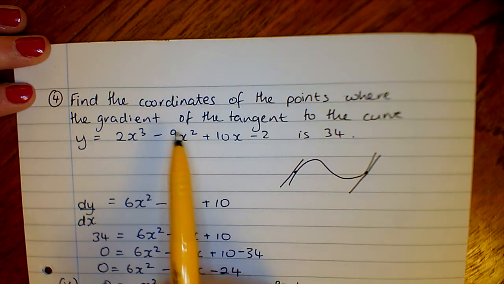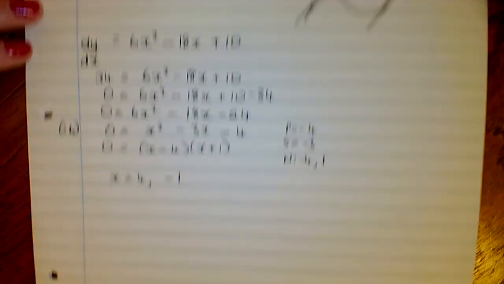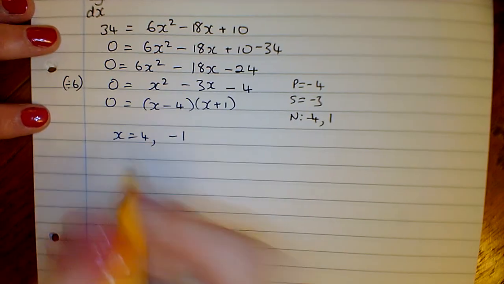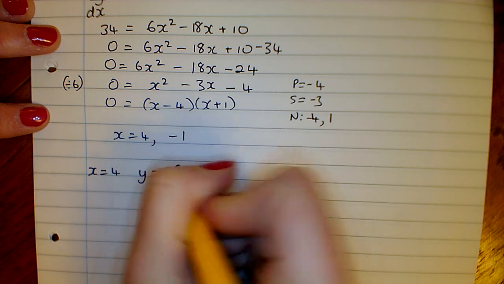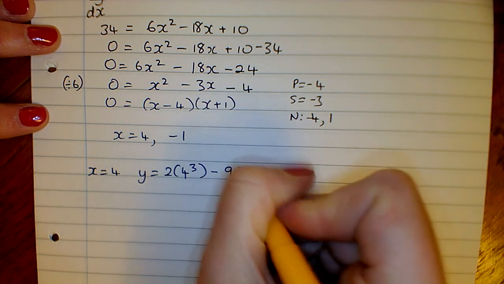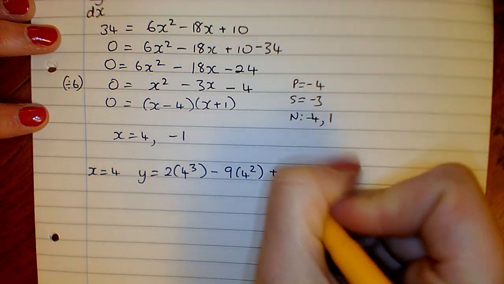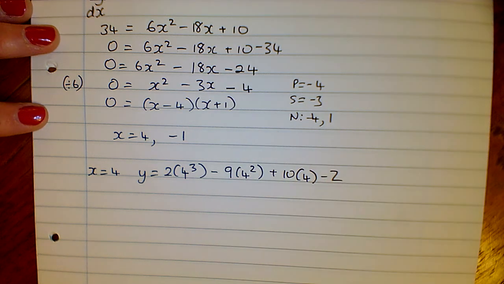Now the question asks for the coordinates of the points, so we need to find the y coordinate of each of these. So when x is 4, y is 2 times 4 cubed minus 9 times 4 squared plus 10 times 4 minus 2.